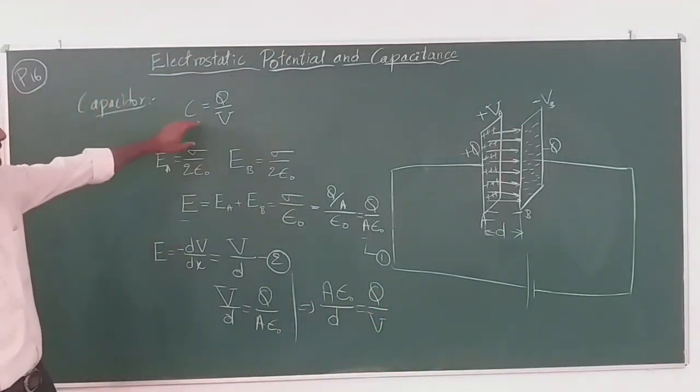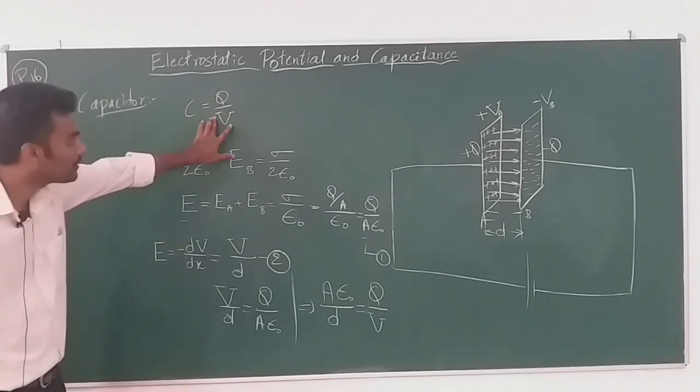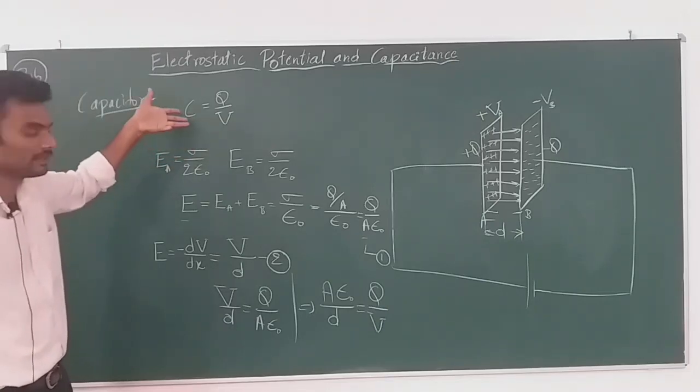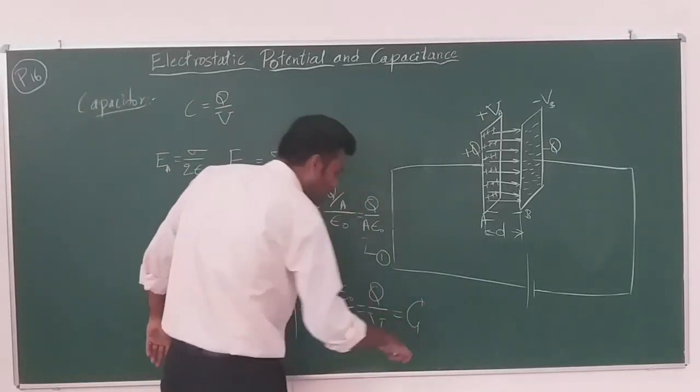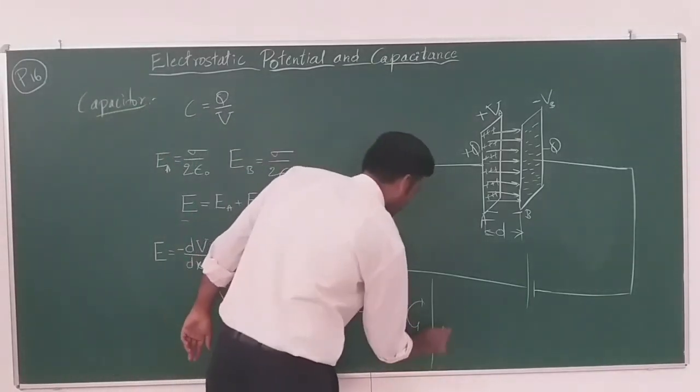Now, what is Q by V? Q by V is the capacitance C. That is good.